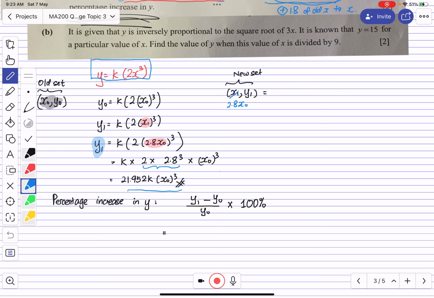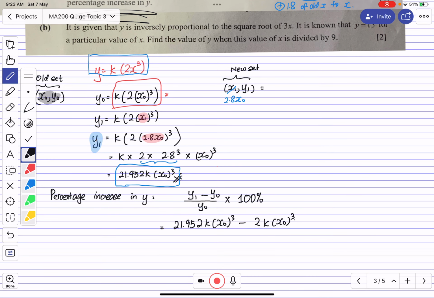Now y1 is over here, 21.952 k of x0 cubed. Our old y is over here, which let me simplify. It's just 2k x0 cubed. So my y0 will just be 2k x0 cubed.